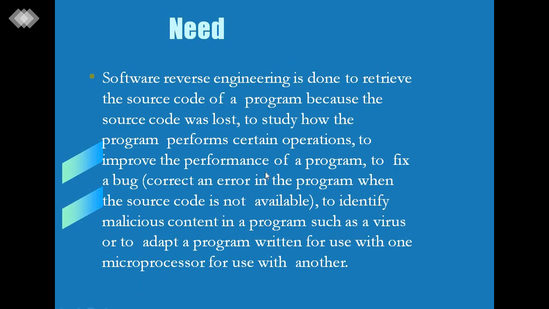These are the needs of software reverse engineering: to retrieve the source code of a program because the source code was lost, to study how the program performs certain operations, and to improve the performance of the program.